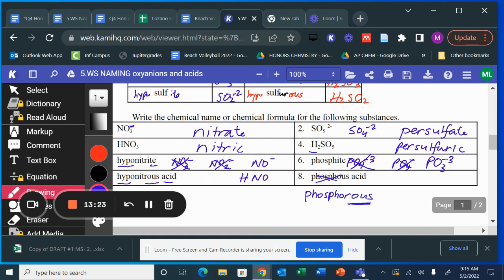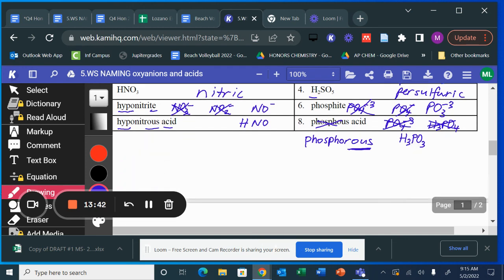So you owe us money. From the original, phosphate, phosphoric would be H3PO4. Phosphorous would be H3PO3, because you owe us an oxygen, you remove an oxygen. Okay, and that's it.